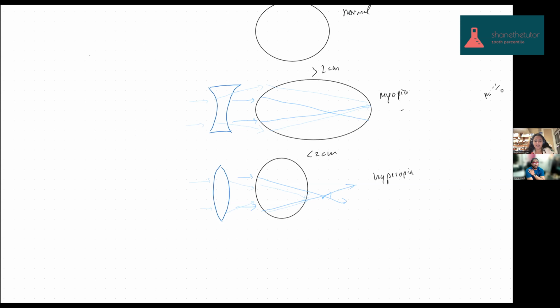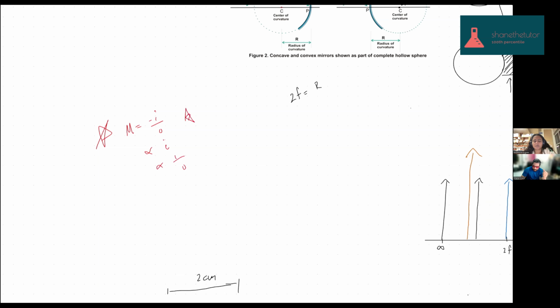Okay. Magnification is negative i over o, which means essentially it's proportional to image distance and inversely proportional to object distance. Now let's talk about certain magnification values. If your magnification value is greater than 0, aka positive, the image it produces will be upright and virtual.